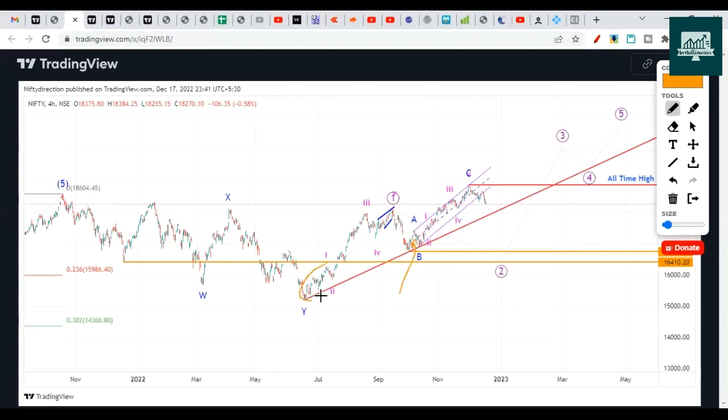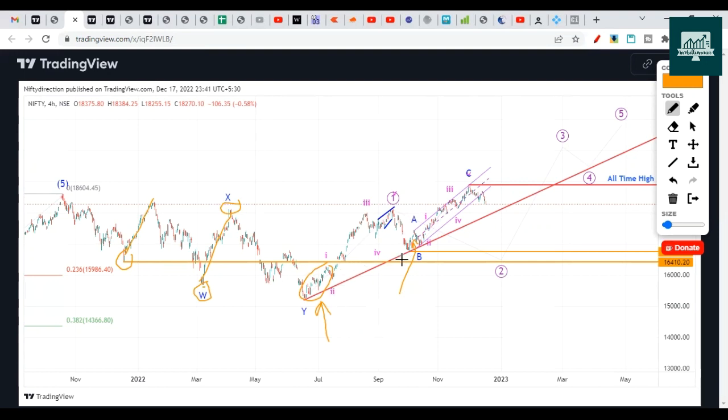I went wrong here, by the way, and previously I was able to identify that this rally from here is going to fail, and this rally from here is going to fail, based on the same fact that it was making three waves going on the upside. Here it tricked me. There was another pattern, a leading diagonal pattern, which is a 3 wave structure. I could not project that it would break this previous swing of 18,115.